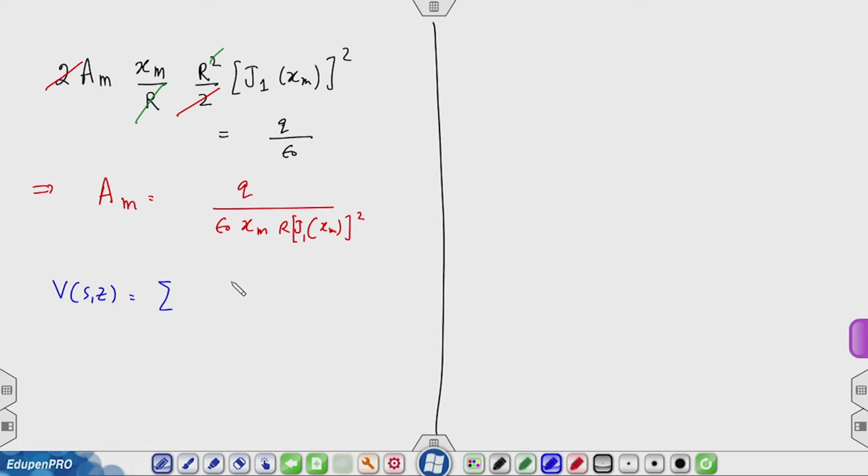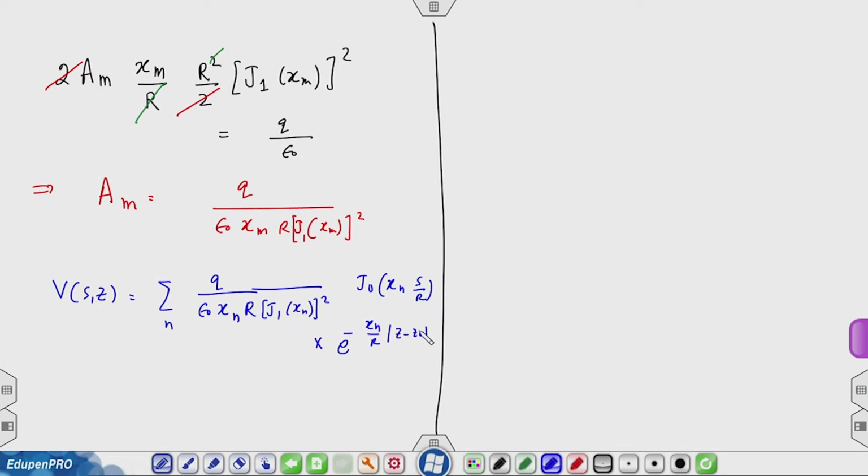And therefore, the potential V(s, z) is going to be equal to summation, a_m and b_m are the same, so I'm going to get q over epsilon 0 x_n r J1(x_n) whole squared times J0(x_n s over r) times e raised to minus x_n over r mod (z minus z0).